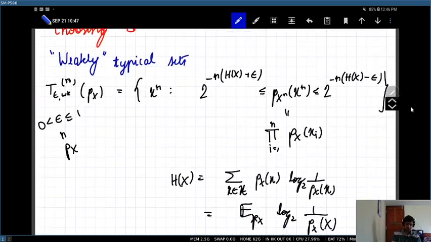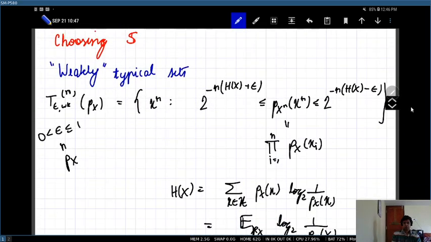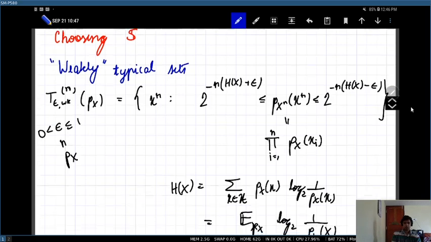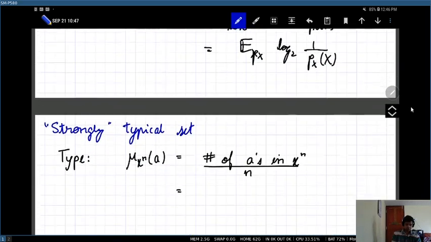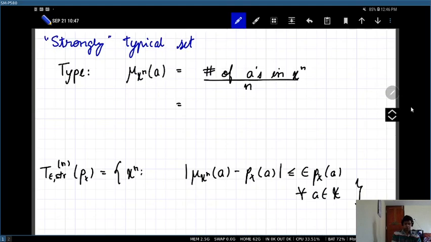So this turns out to give a good rate, in fact the best possible rate. But there's also another candidate which I call the strongly typical set, which also gives you essentially the same rate asymptotically. So to define the strongly typical set, I need the concept of the type of a sequence.